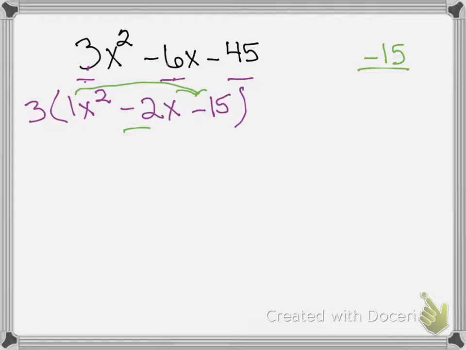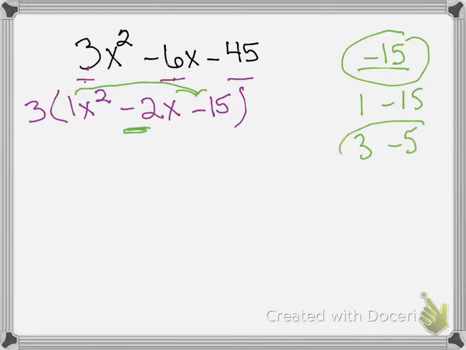So we're multiplying to get a -15, so that means the two numbers have to have different signs. And because we want them to add to a negative number, that -2, we want the bigger of the two numbers to be negative. So if we write down those factors, we've got 1 and -15, and we've got 3 and -5.